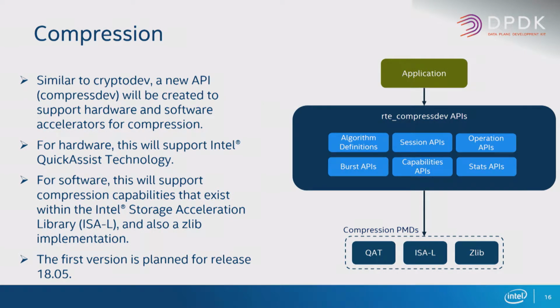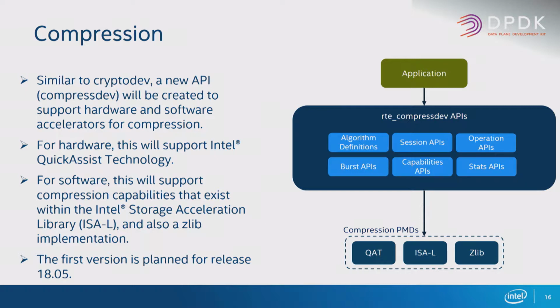But what's new is they just added a new interface they call CompressDev. It's very similar to the CryptoDev, but it does deflate compression. They plan a number of poll mode drivers for it, one with QAT, ISAL and zlib. The first PMD integrated, just last Friday into DPDK mainline, is this ISAL PMD that does software compression.